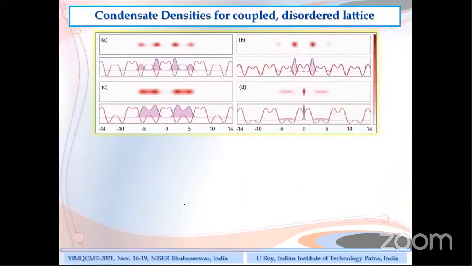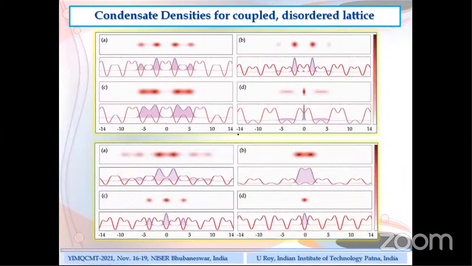So these are some snapshots where you can see a lot of interesting states. You can see that the double well superlattice is coming here, and then you can also have a tri-structure and a lot of other things. This is just to give you an example of how the coupled lattice will act on the system and give you some interesting structures for quantum technology.